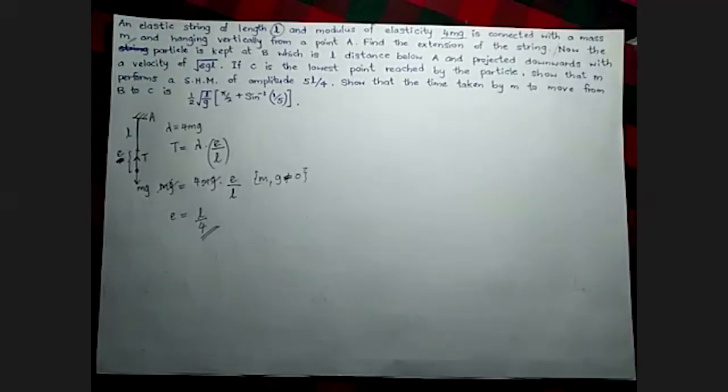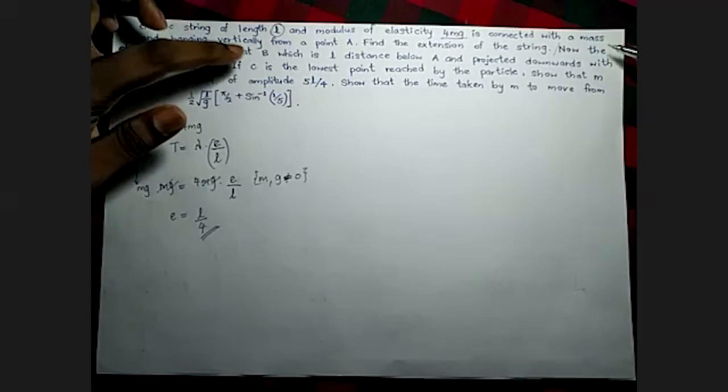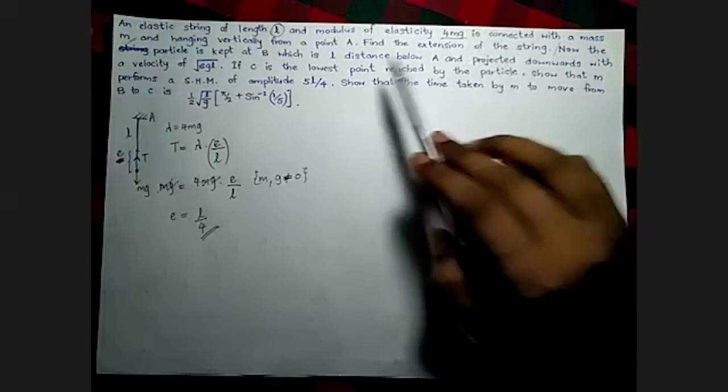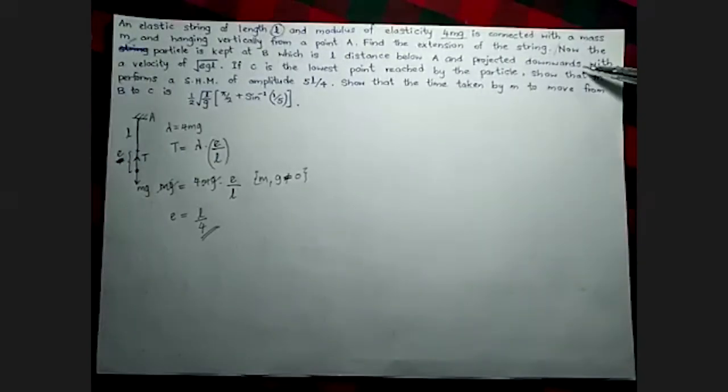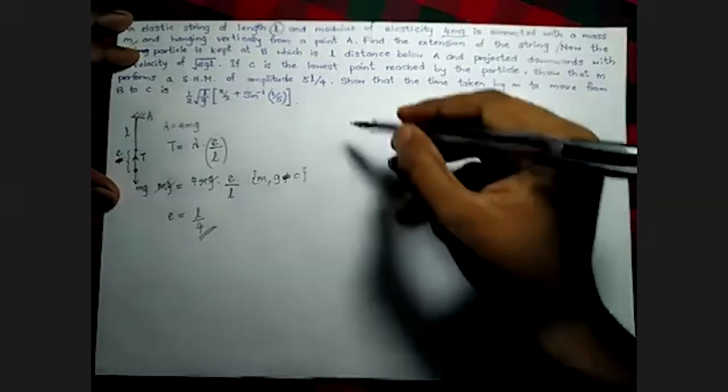Second part. Now the particle is kept at capital B, which is L distance below A, and projected downwards.